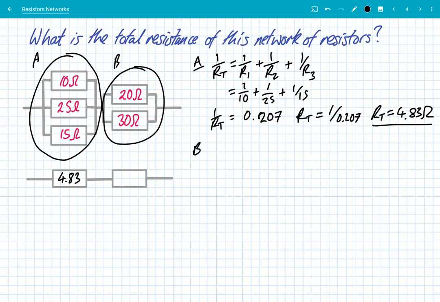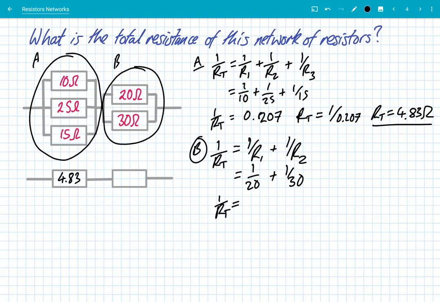Now we look at component B, this next parallel part of the network. We do the same process again. Resistors in parallel, 1 over RT is 1 over R1 plus 1 over R2, which gives us 1 over 20 plus 1 over 30. And therefore we get 1 over RT is 0.084. We remember, as always, to take the reciprocal.